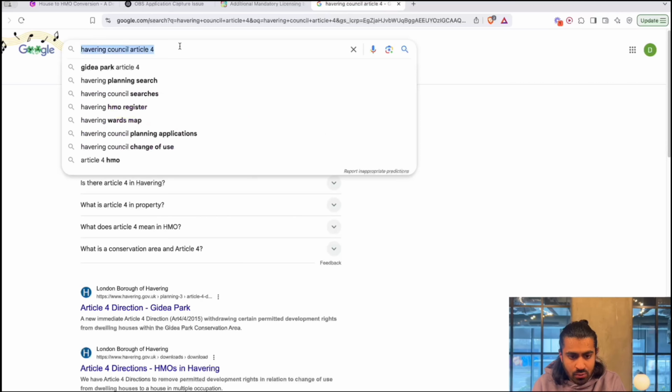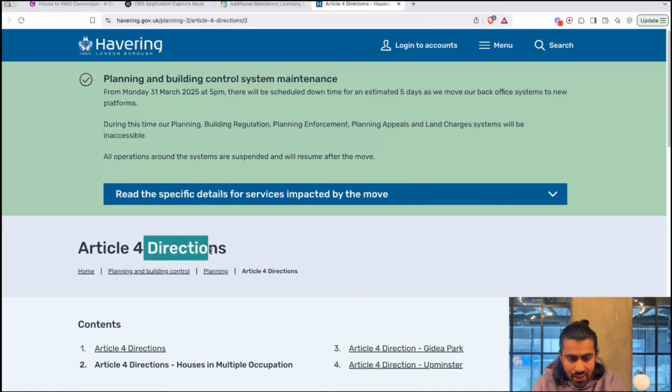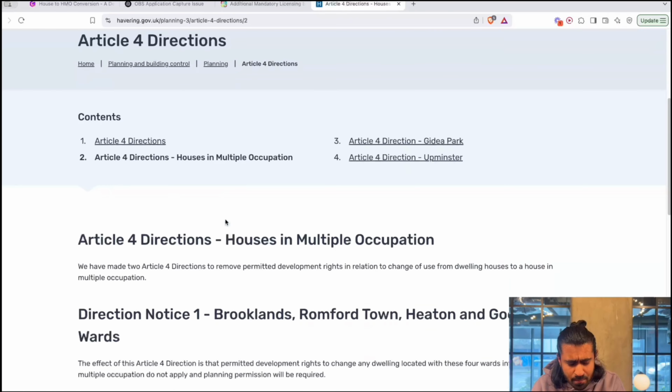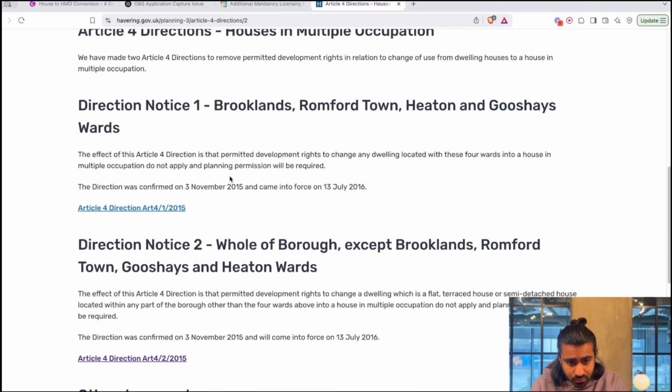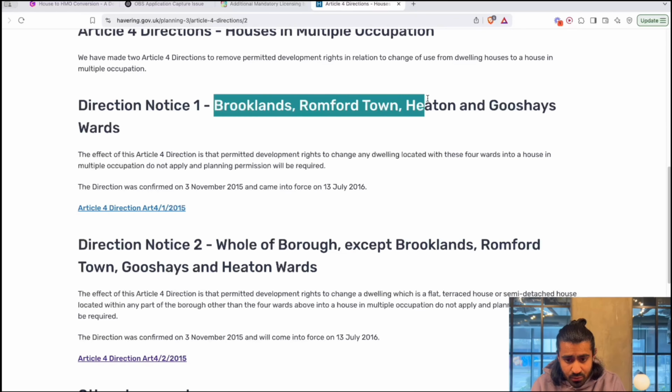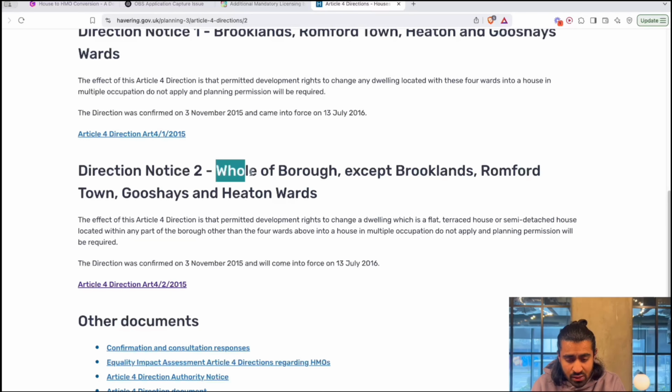Havering Council, Article 4, HMOs, because that's what we care about, as Article 4s can be related to multiple planning restrictions. We care about houses in multiple occupation. So here they've got 2 Article 4 directions. The first is in the following wards, and that came into effect in 2016. And the second one is the entire borough, except the above wards.